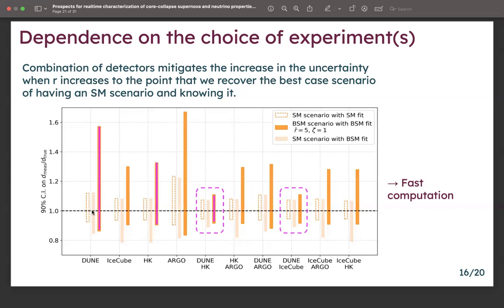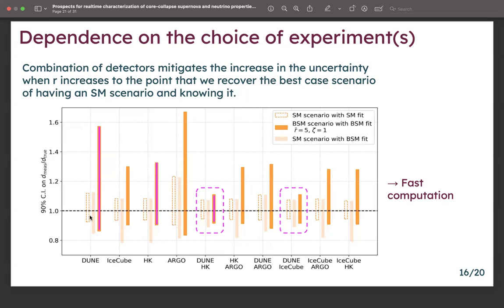So of course, light orange should always be a little bit bigger than the dashed orange. Now the important thing that we see here is that, of course, knowing which scenario is true, in this case the standard model, and not having unnecessary degrees of freedom leads to the best results.